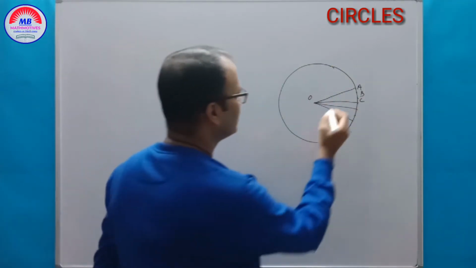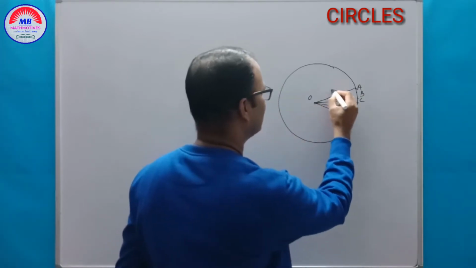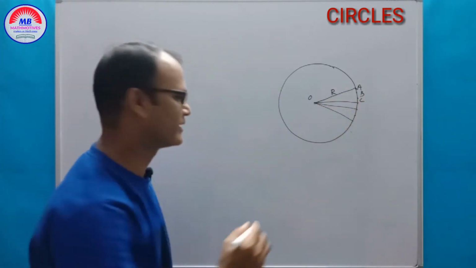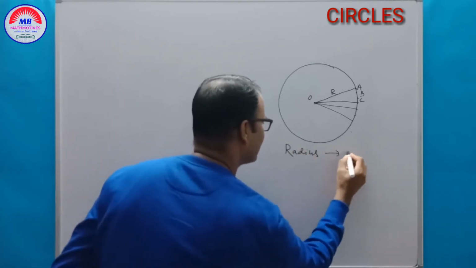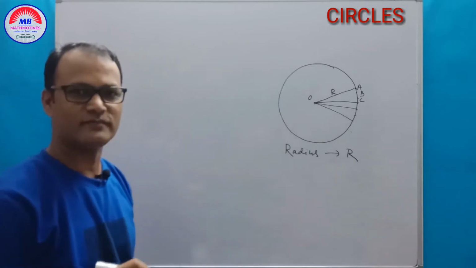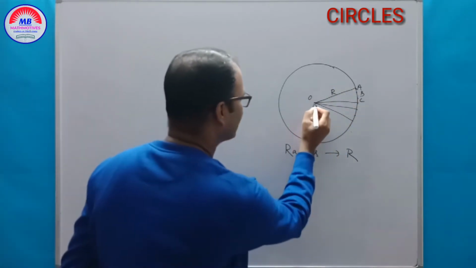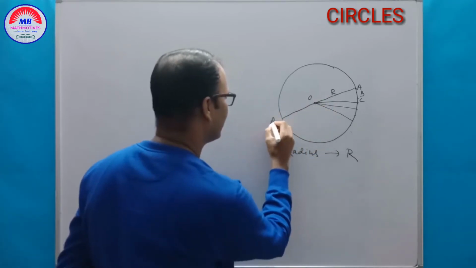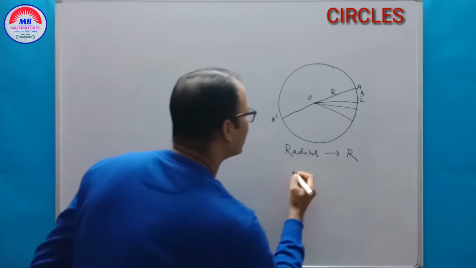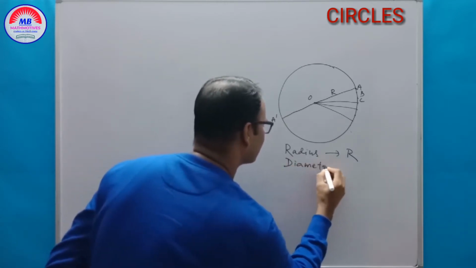And you see, if we join from this point to the center, that is called the radius. We can write it as R. This line segment is called the radius. If we extend this line segment and join it, let it be A dash, so AA dash is called the diameter.